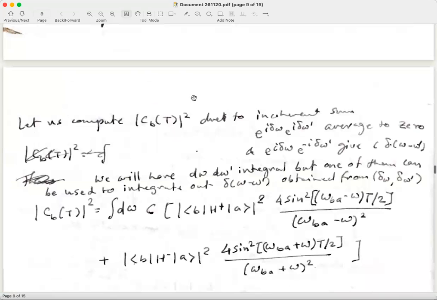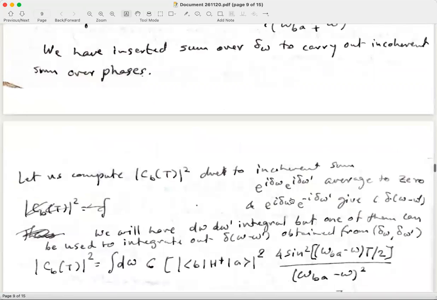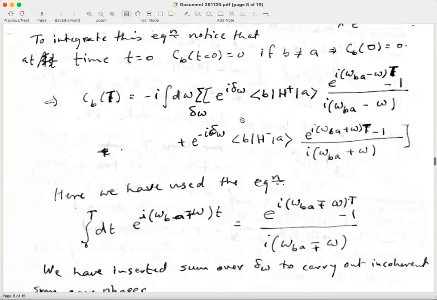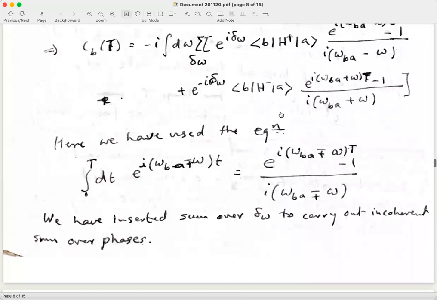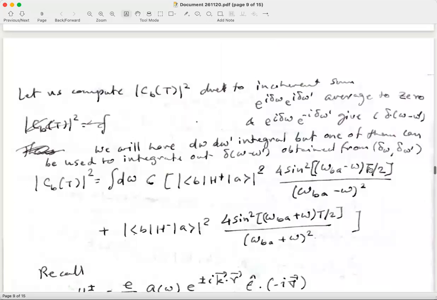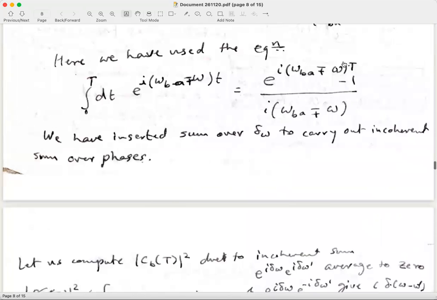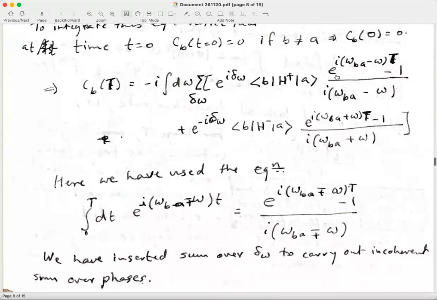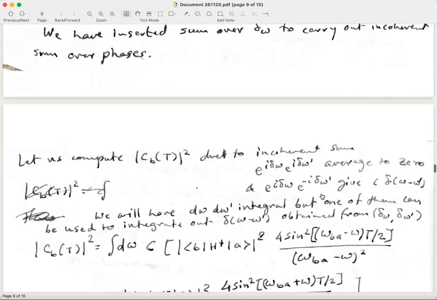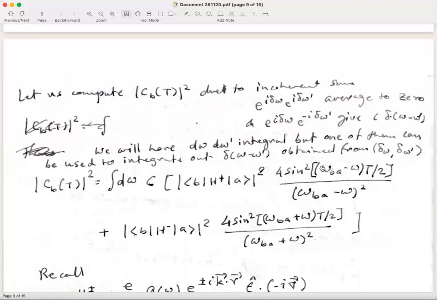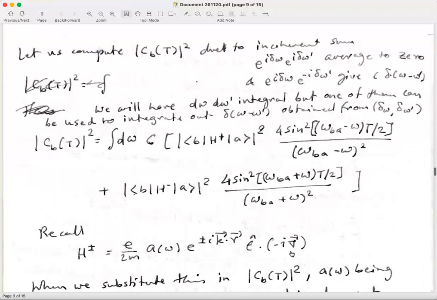So you get a function which is sine squared, simply because this itself gives you sine, and mod square gives you sine squared. But the argument, which is (omega ba minus omega) t by 2, is the important thing, that you have a factor of 2 sitting around here. The factor of 4 comes simply because the e minus e kind of factor is 2 times sine, that's why 4, and then the denominator squared is sitting around here. Once you get this factor right, the other factor is basically the same. It's just that omega changes sign. Okay, so that is what you get.